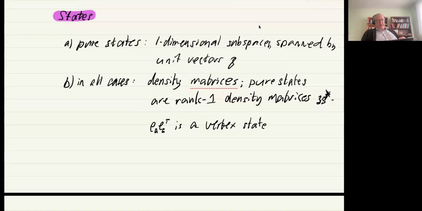The states that we're going to be working with for quite a while will be of this form. This is just E sub A, the standard basis vector in the space of complex functions on the vertices of our graph, and so it maps A to 1, everything else to 0. Now, physicists would say this is an outer product, and write it something along these lines, the bracket notation.